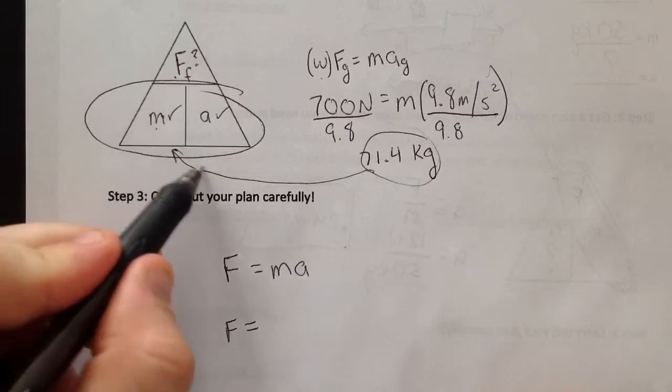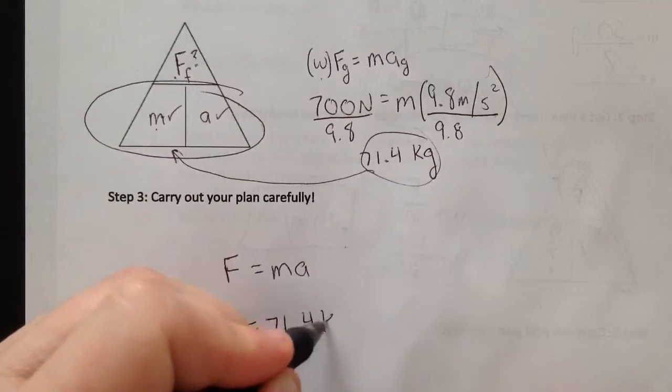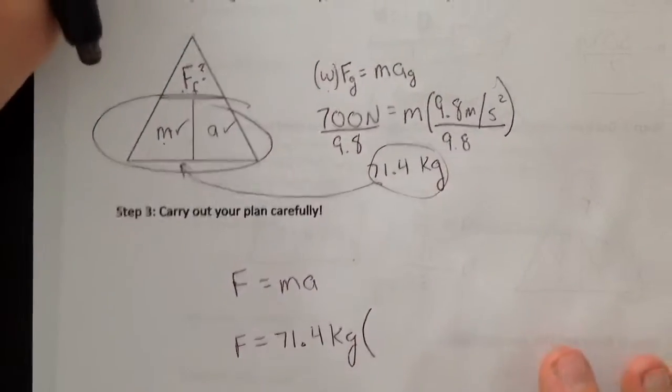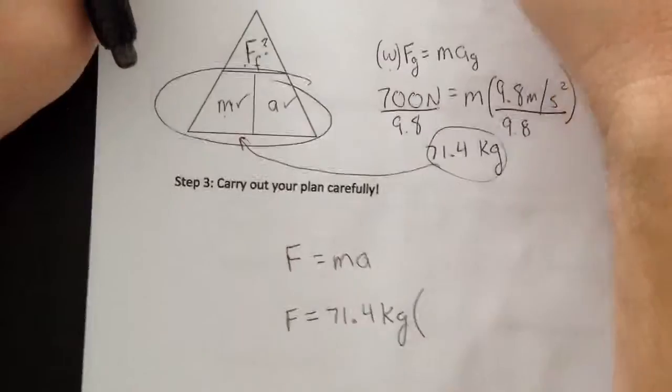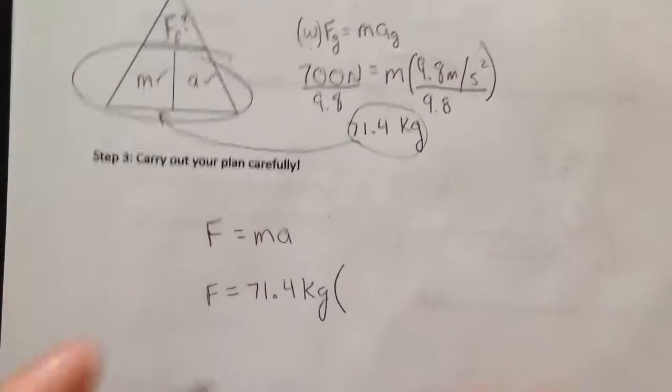Her mass, we just solved for right here, 71.4 kilograms, and her acceleration. Remember, we're talking about her acceleration now, not due to gravity, but her acceleration, which was given right here. She's slowing down at -2 meters per second squared.